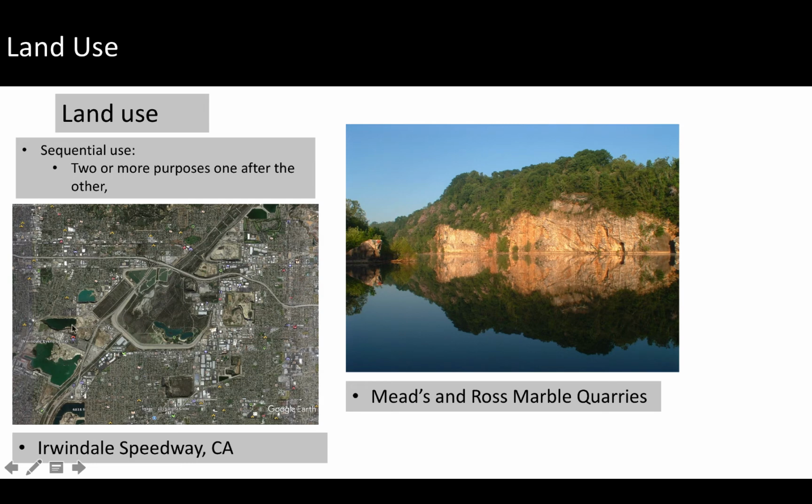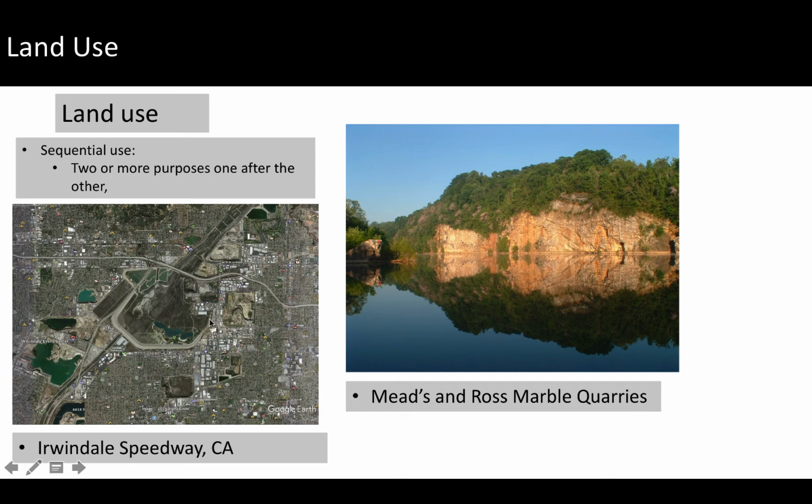At some point, I think in the 90s, they were considering moving a football team out here and building a stadium in one of these quarries. But if you look right here at this little square patch, this was also a quarry. It was turned into a landfill in the 80s and 90s, I think, and then filled up close to 2000. They covered it over and built a racetrack on it. So it's an example of sequential use.